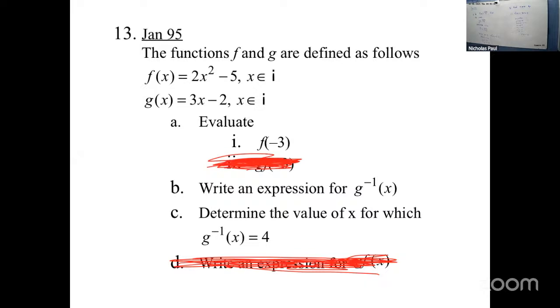Don't worry about it. Yeah, you need f of minus 3. Yeah, you're doing A, B, and C.